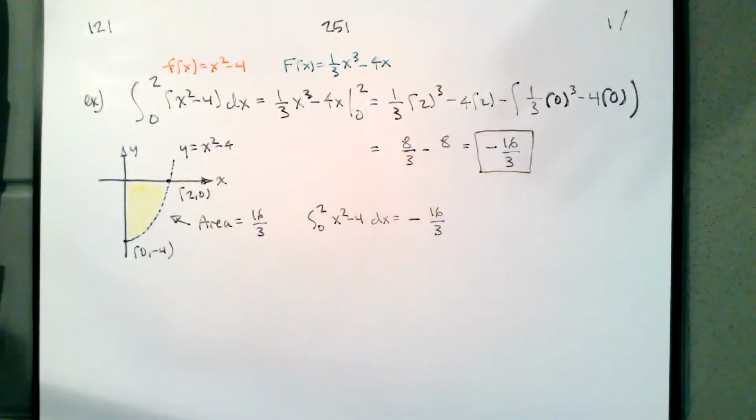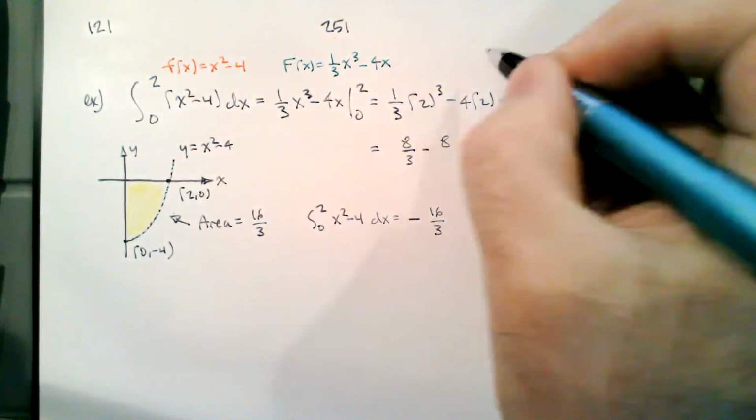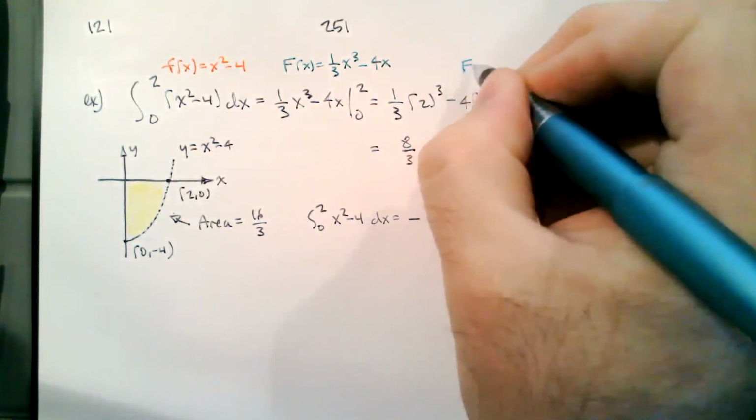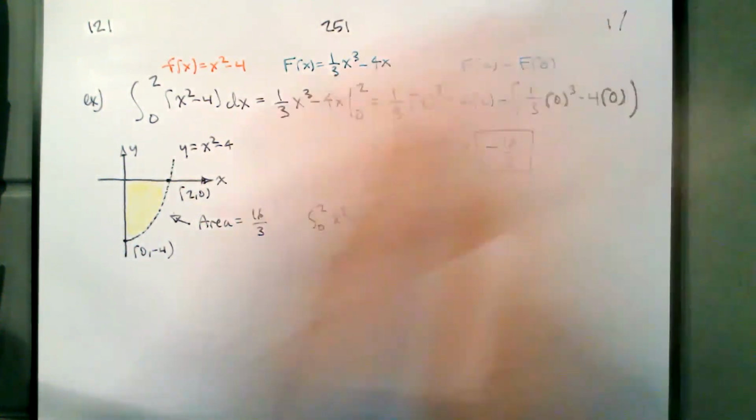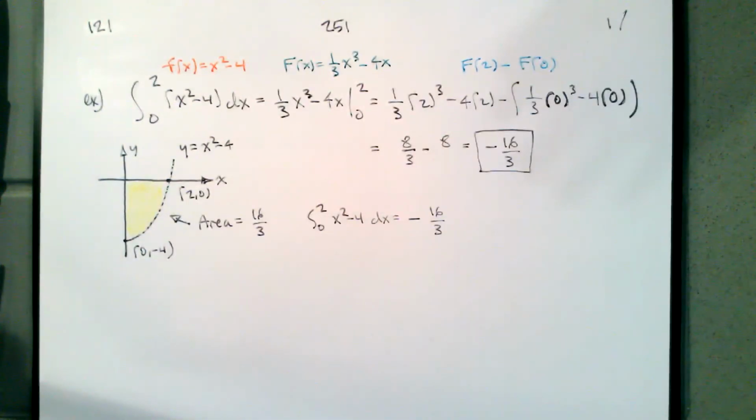We evaluate an antiderivative at the endpoints. So here we have capital F at B minus capital F at A. And that's where we came up with the negative 16/3.